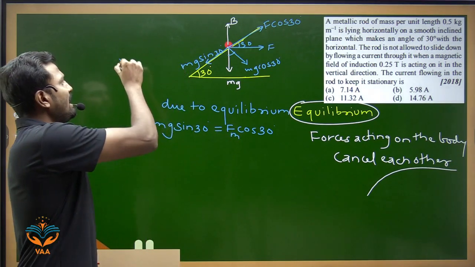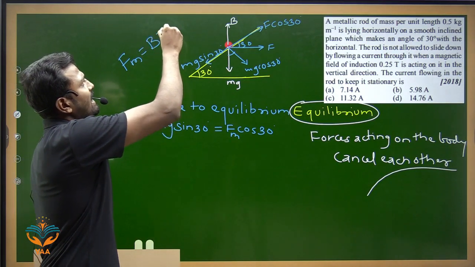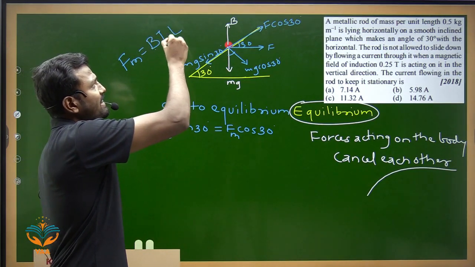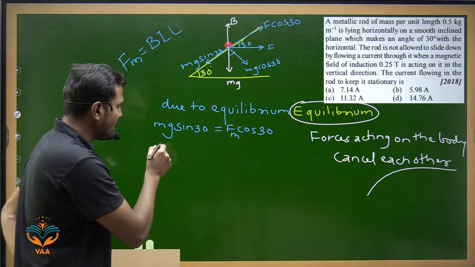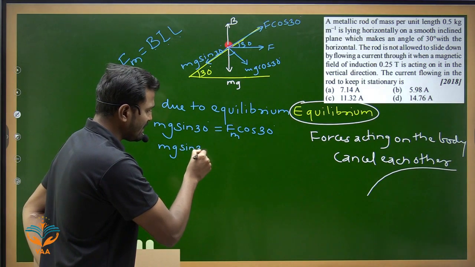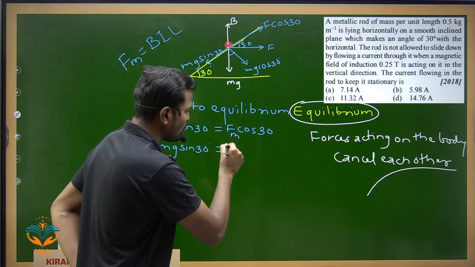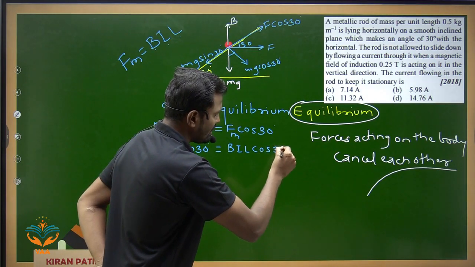We know that Fm is nothing but BIL: magnetic field, current, and length of the rod. Fine. So this is the constant case. If I substitute there, I can write mg sin 30 degrees is equal to BIL cos 30 degrees.